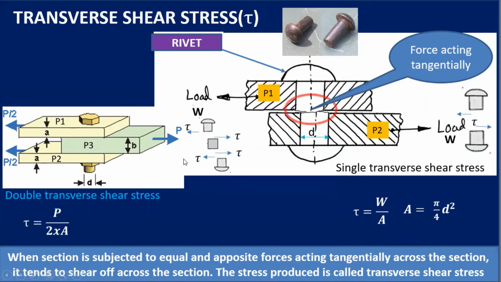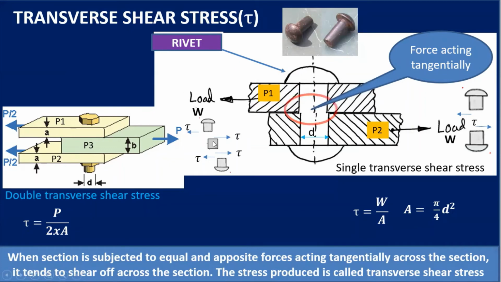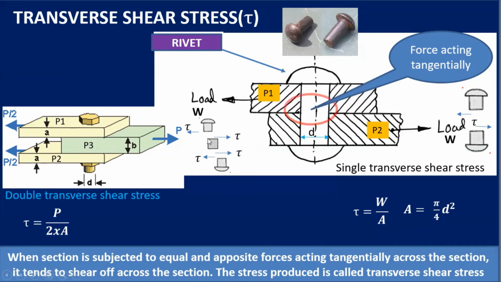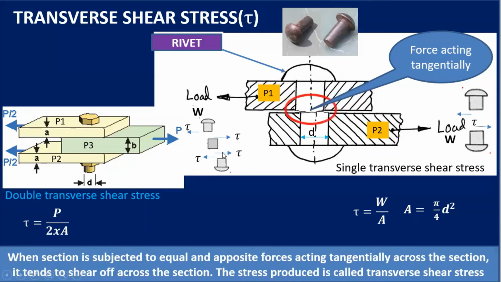And that's why in this case our formula is tau is equal to P upon 2 into A. Why is it 2? Because the rivet is divided into three parts. At one place there is a shearing, and at another place there is a shearing. Two shearings take place, and that's why there is a 2 there.